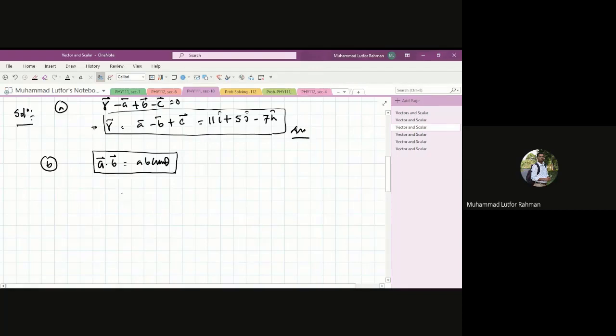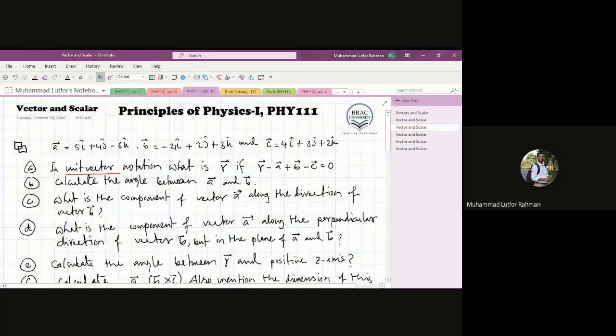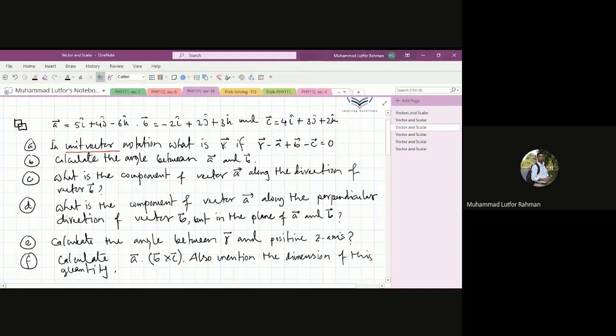Fine. So if I do that, I can find the angle, right? So I just write cos inverse of A dot B divided by the magnitude of A and the magnitude of B. Then I can write what A dot B would be. If you want to find A dot B, I dot I would be 1, J dot J would be 1, and K dot K would be 1, and the rest of the terms would be 0.